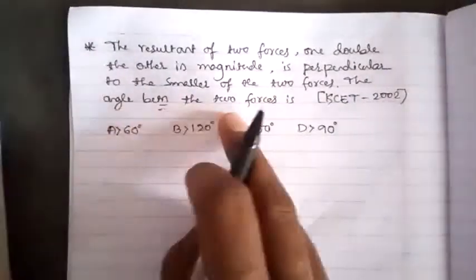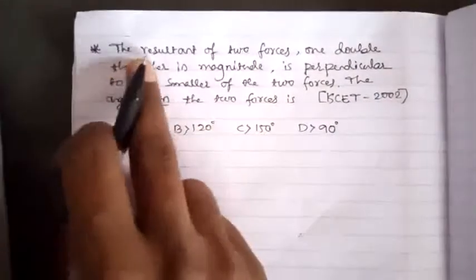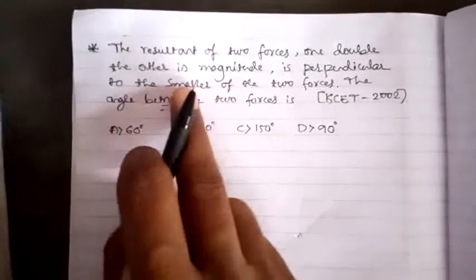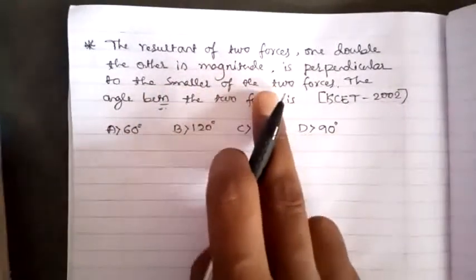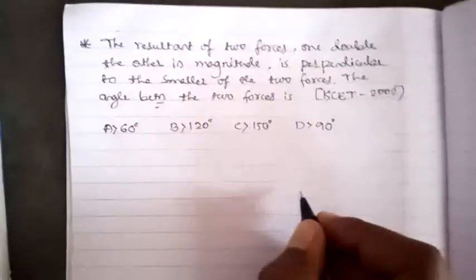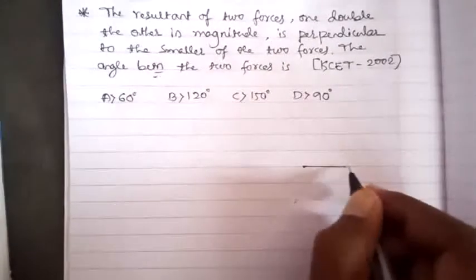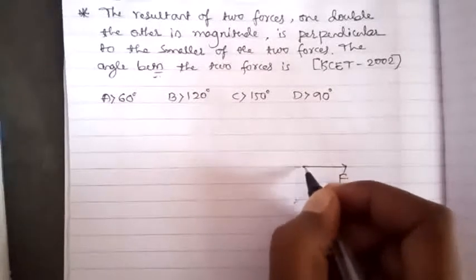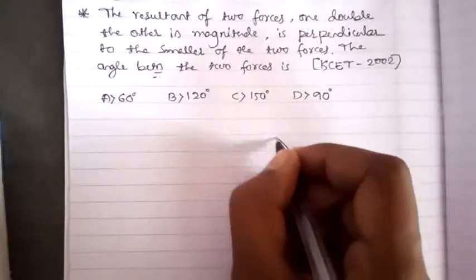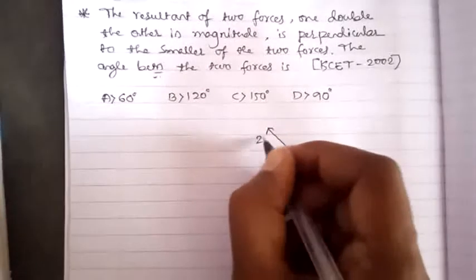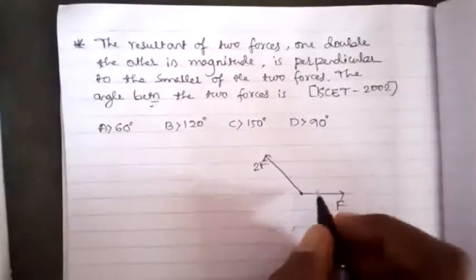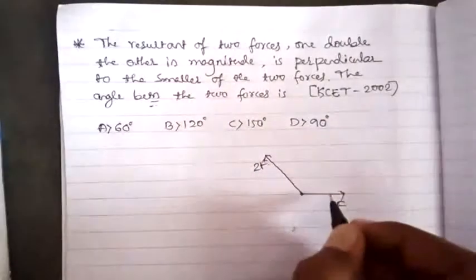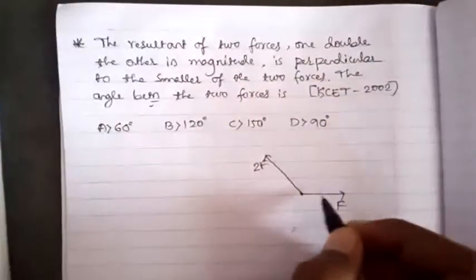The angle between the two forces is, see here, I will take one force as F and the other force as 2F, and the resultant of these two forces must be perpendicular to the smaller force.